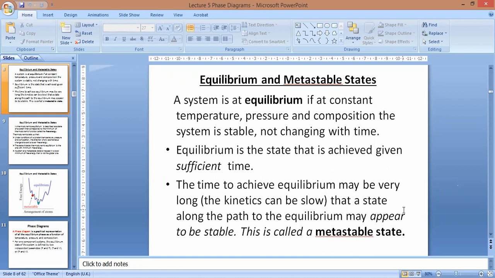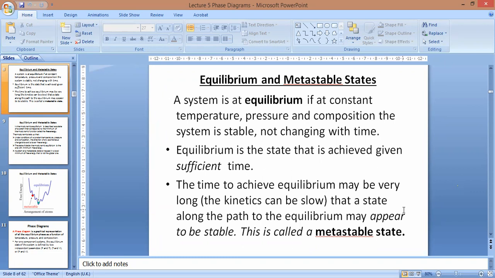So equilibrium state is not achieved there and then. No, it's a very slow process. If it's in the lab, it could take days, it could take hours just to achieve an equilibrium state because it takes sufficient time. Equilibrium is a state that is achieved given sufficient time. And the time to achieve equilibrium may be very long.